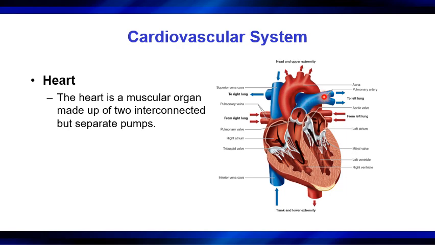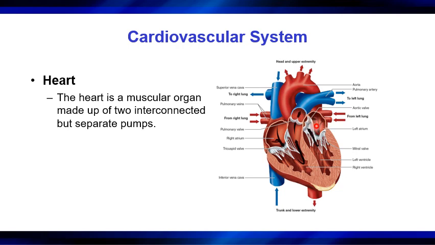That deoxygenated blood goes to the lungs. At the lungs, the blood receives oxygen. That's where the oxygen exchange takes place. From the lungs, the blood goes to the pulmonary veins. The pulmonary veins have oxygenated blood, which again is the exception to the rule in the rest of the body. From the pulmonary veins, blood goes into the left atrium.